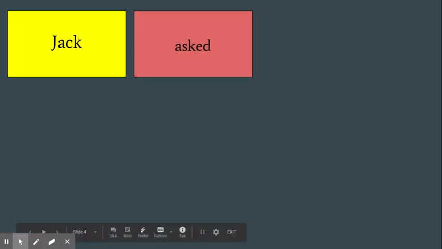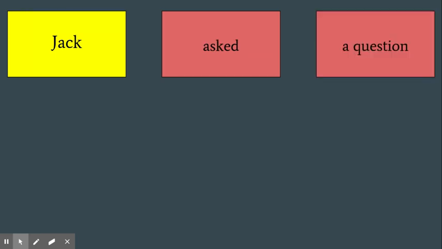Consider this basic sentence. Jack asked. Even though I can answer the who question and what did he do question, this sentence sounds incomplete. I'll begin with the where question.